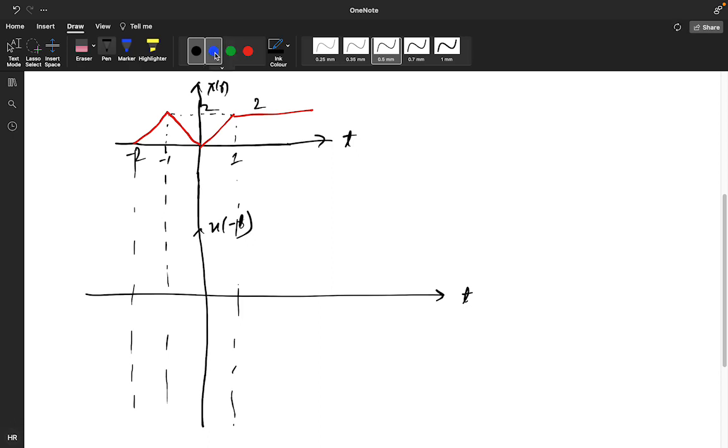So guys, please help me. Suppose this is my 2 part. So for x of minus t, minus 2 will become plus 2. So we'll get the signal like this, right?